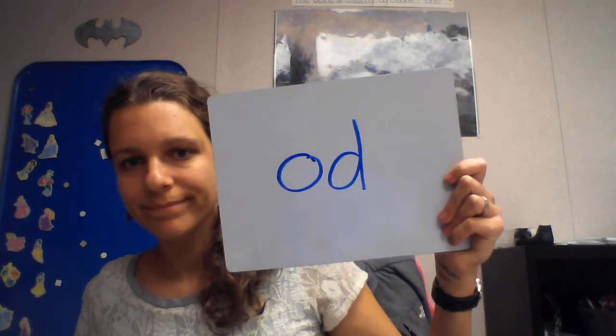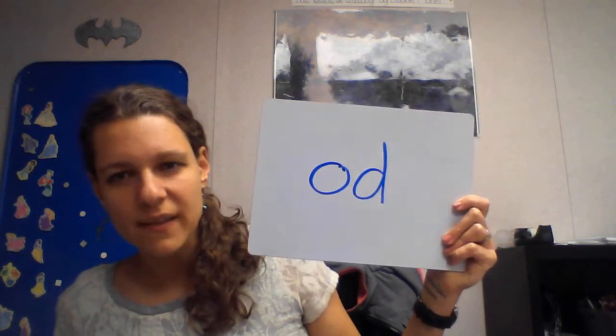All right, the next word is odd. Class, what's the word? Good, odd. An odd number is not even. Odd. What is funny about this word? We do something at the end. This one's a little unusual because if I just write the sounds, o, d, is that right?